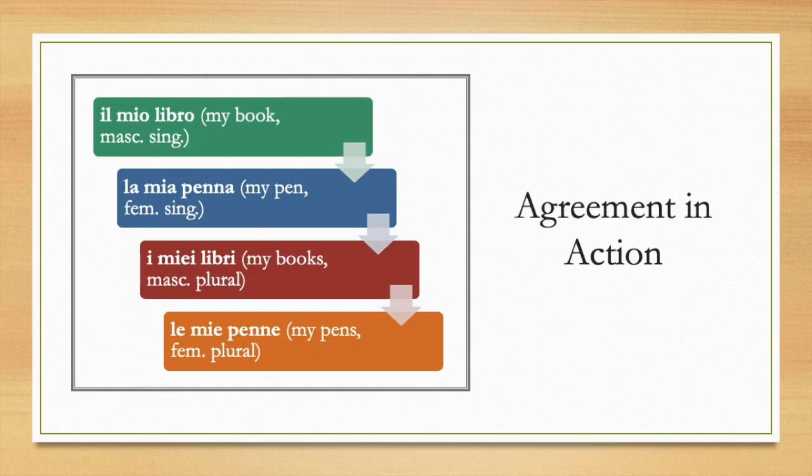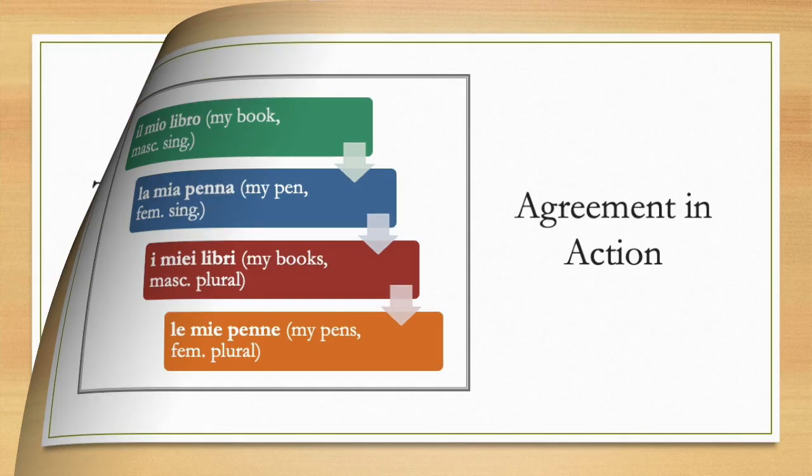So the possessive must always match the gender, masculine or feminine, and the number, singular or plural, of the noun it describes, not the gender of the speaker. Keep this in mind. The possessive in Italian agrees with the object possessed, not with the owner.